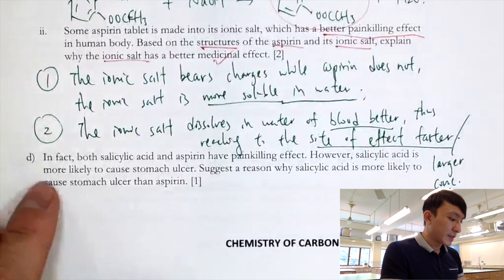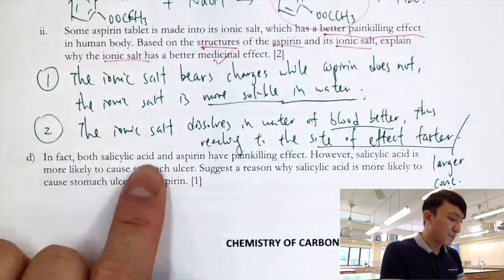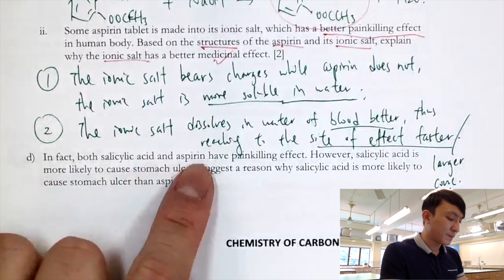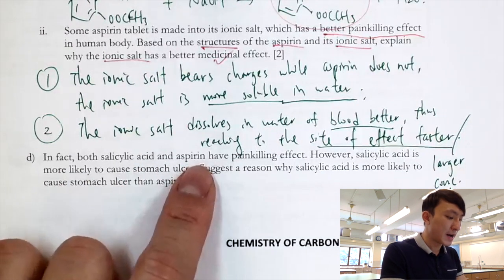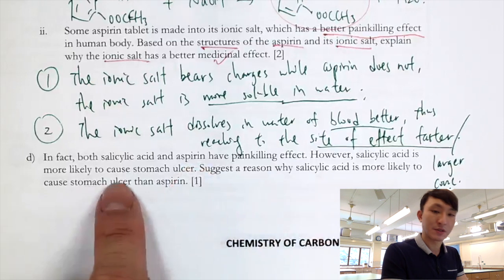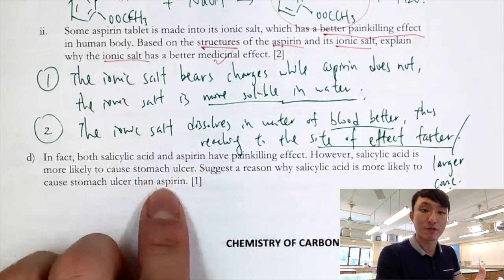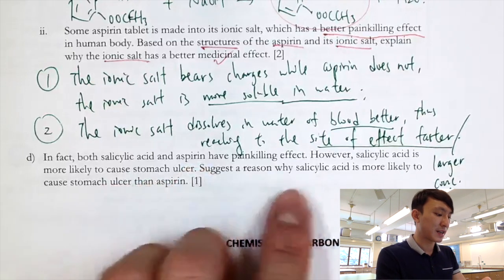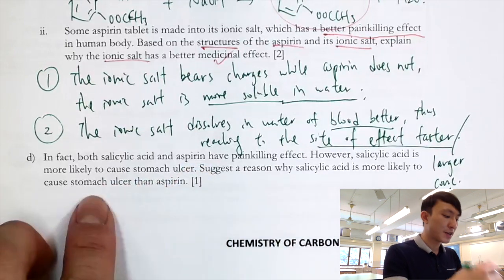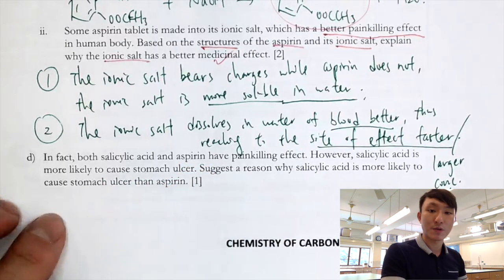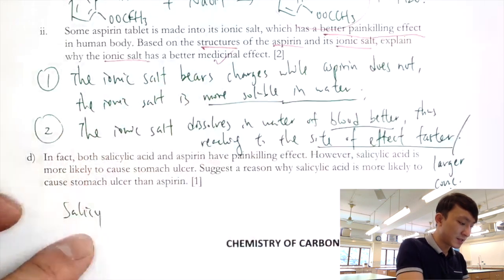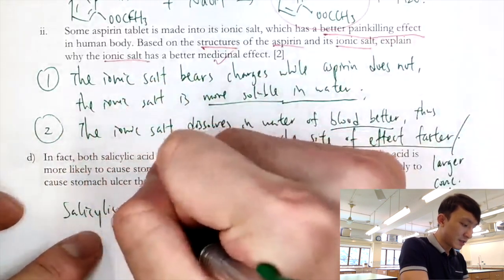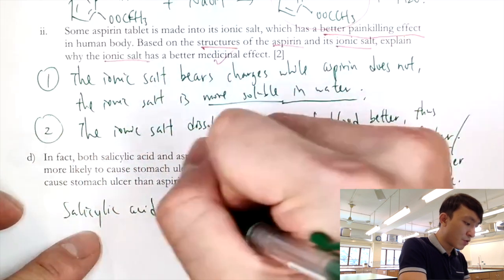Now the last one is talking about both salicylic acid and aspirin. They are both useful in pain killing, but salicylic acid is more likely to cause stomach ulcer. So we just talked about it previously. Why salicylic acid is more likely to cause stomach ulcer. So the very simple thing you have to tell me is salicylic acid is more acidic.